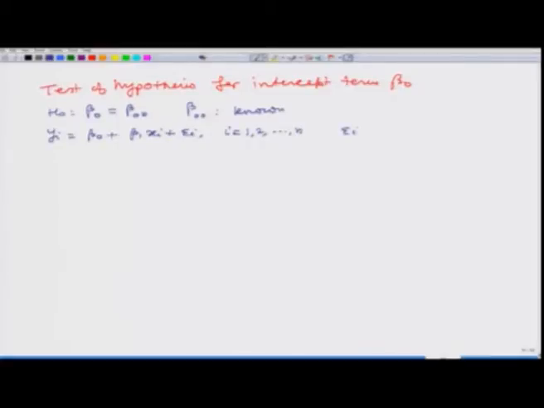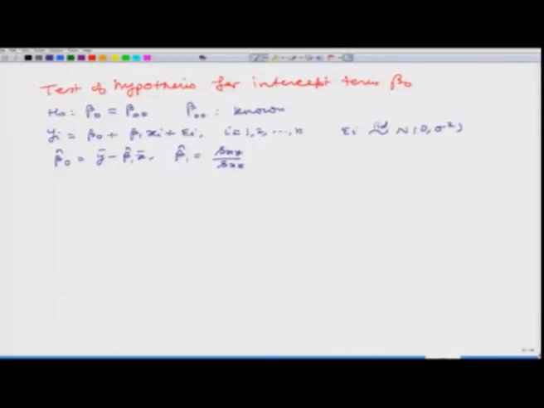We had assumed that the epsilon i's are IID following a normal distribution with mean 0 and variance sigma square, and we had obtained the estimate beta 0 hat as y bar minus beta 1 hat x bar, where beta 1 hat was obtained as Sxy over Sxx, right.